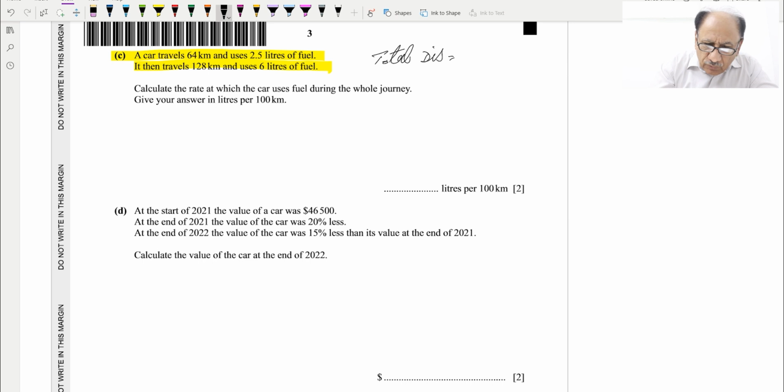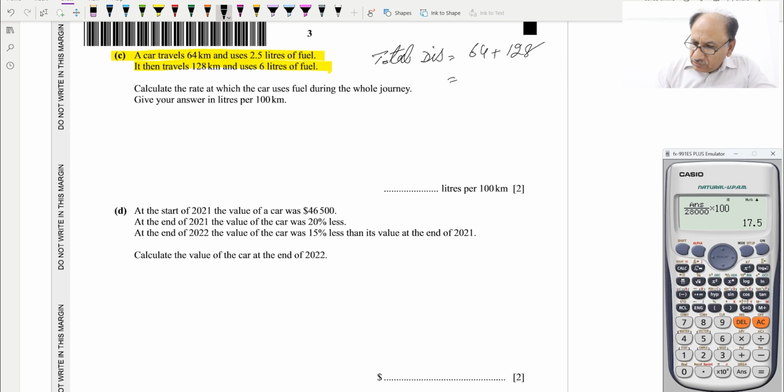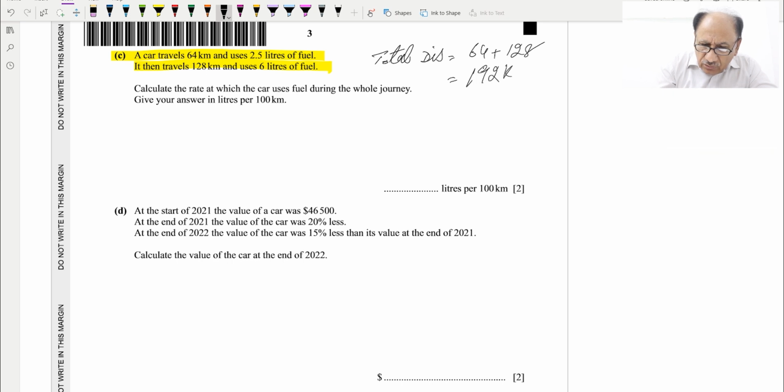Total distance is equal to 64 plus 128, which is 192 kilometers. Fuel will be equal to 2.5 liters plus 6 liters, so this will be 8.5 liters used.